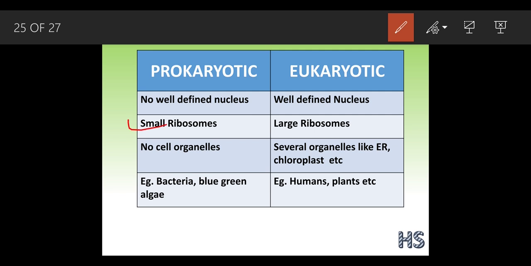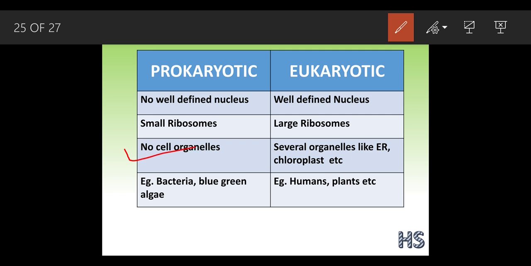Prokaryotes are usually small organisms, so small ribosomes are present. Eukaryotes have a larger ribosome size, which helps in protein synthesis. Prokaryotes have no cell organelles.